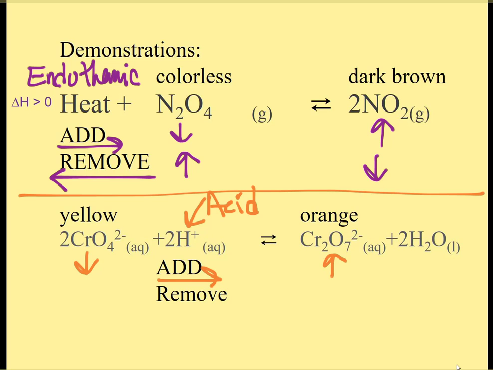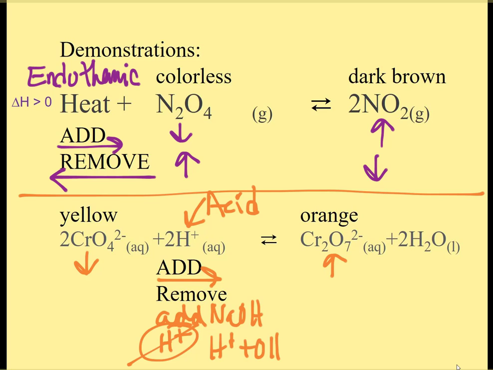If I add NaOH, then what that does is that makes a reaction where it takes the hydrogen ion and it removes it, making water. So I'm removing my hydrogen ion, and so I know the pattern for removal is take towards.